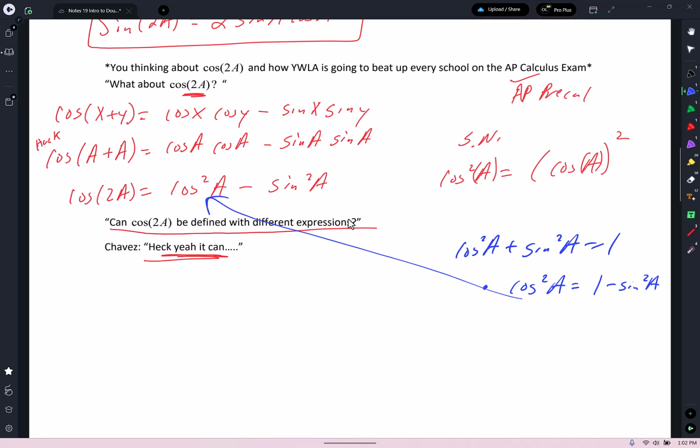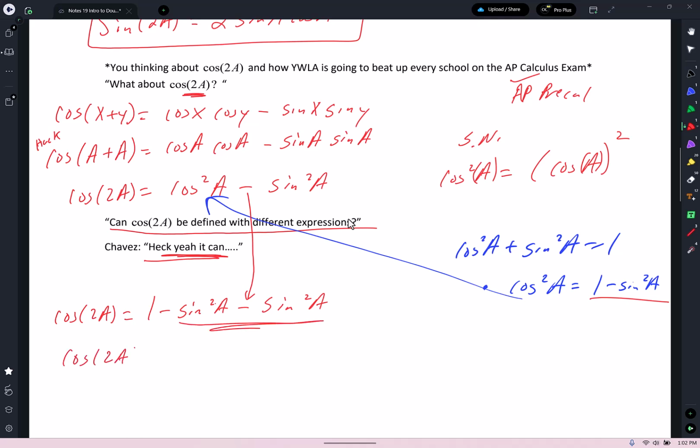So I'm going to have cosine 2a equals 1 minus sine squared a, minus sine squared a. That minus is this minus. How many sine squares do you see there? Not 4, 2. 1 minus 2 sine squared a. There it is. That's another formula.